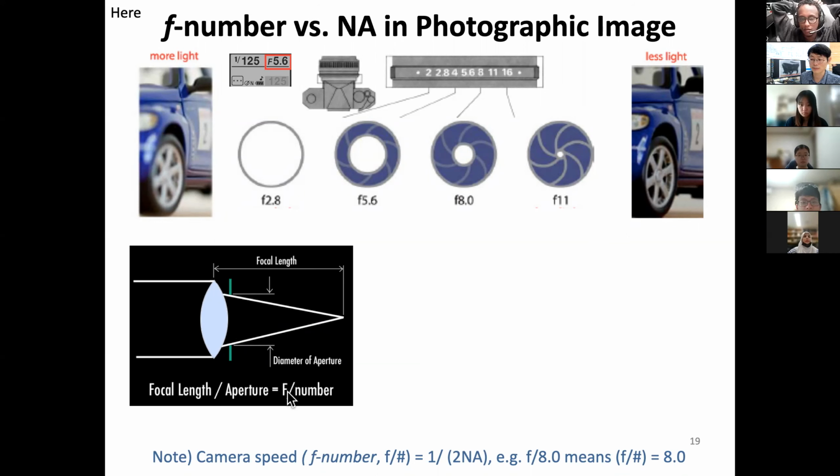If the F number is big, since focal length is usually fixed, that means the aperture size goes down. So remember, big F number, smaller aperture size; smaller F number, bigger aperture size. Does it make sense to you?